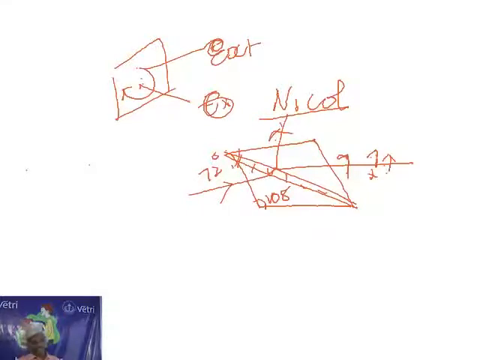What is called the optic axis? Optic axis is the axis in which the ordinary ray and the extraordinary ray travel with the same velocity.